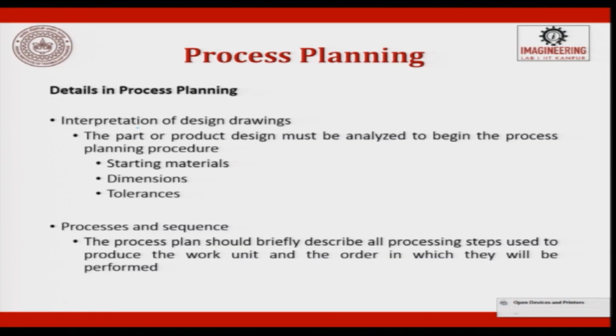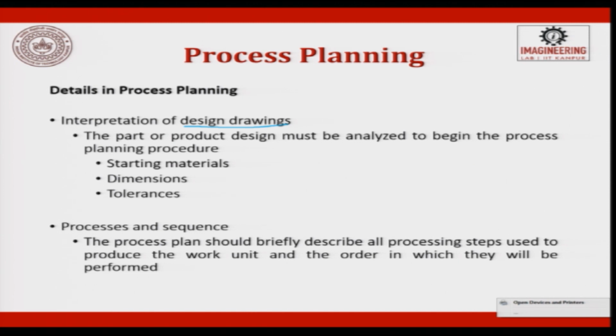So, you have to understand the drawing first. Once you know the drawing, the sequence of operations can be done very fast. The part or product design must be analyzed to begin the process planning procedure: starting material, dimensions and tolerance. What is given in the drawing is only the output.